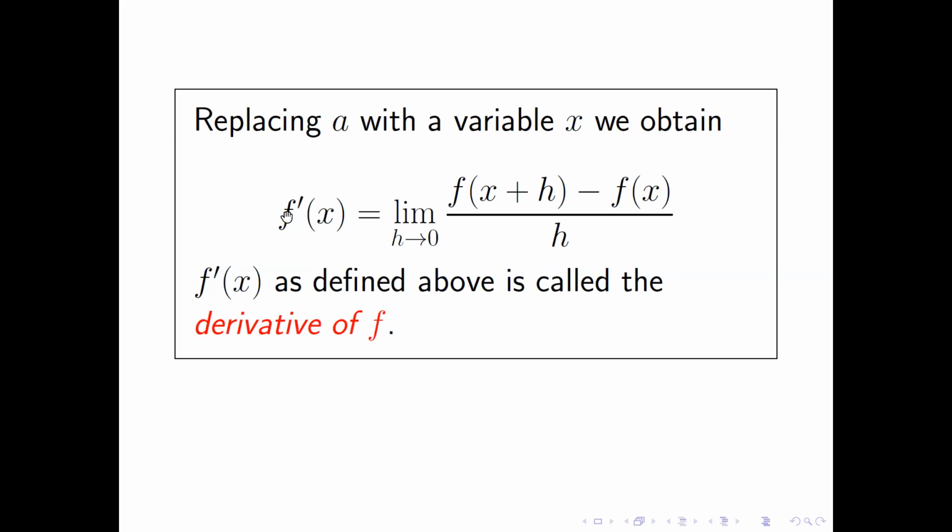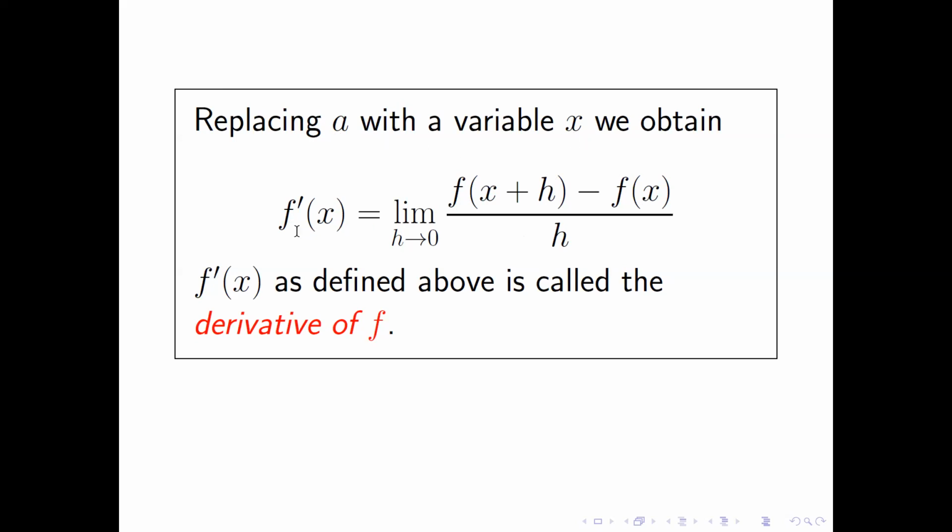So from the previous section, we saw that f prime of A is equal to the limit when h approaches 0 of f of A plus h minus f of A over h. But at this point, we want to replace this A with the variable x.